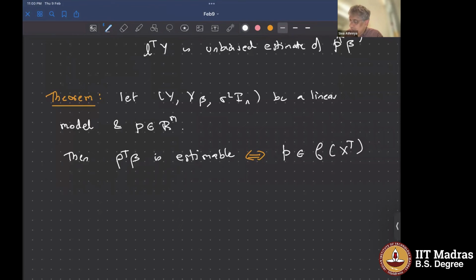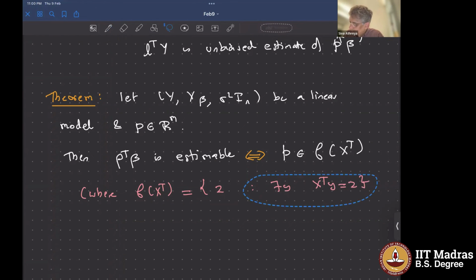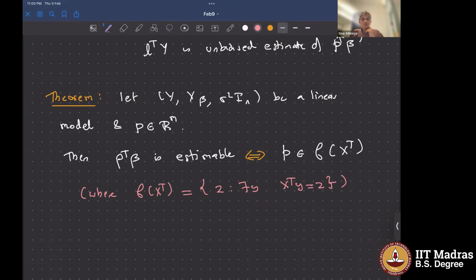So what does this mean? The column space of X transpose is just the set of all Z such that there is a Y with X transpose Y equal to Z. So only when P is in the column space of X transpose is P transpose beta estimable.